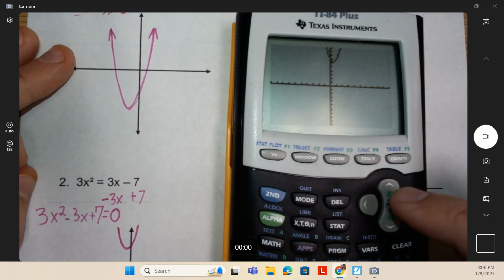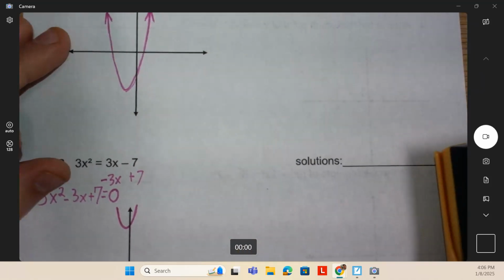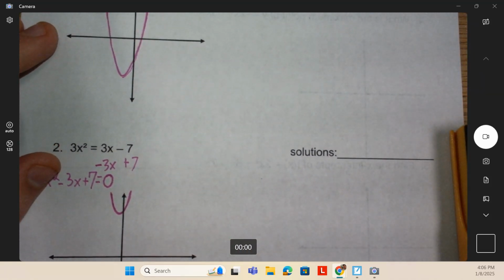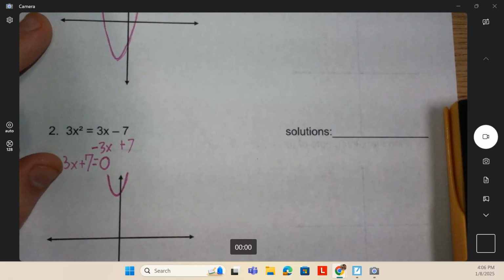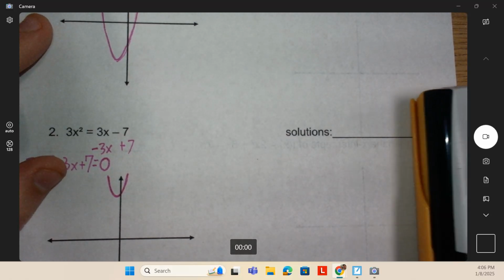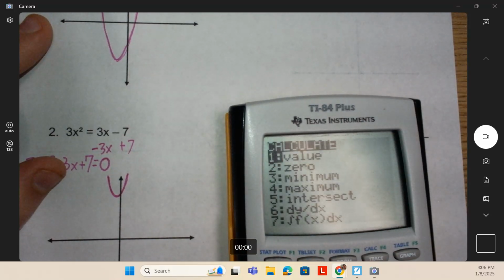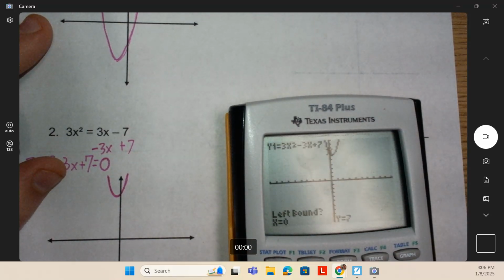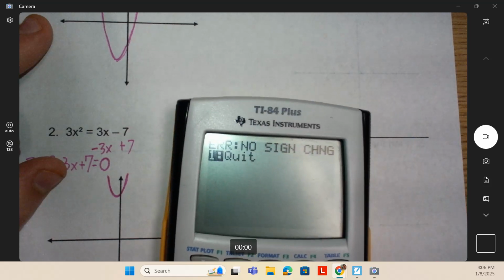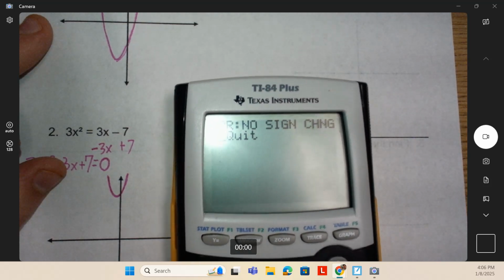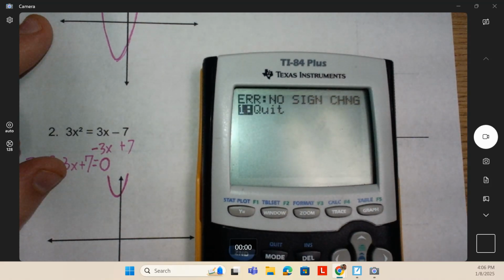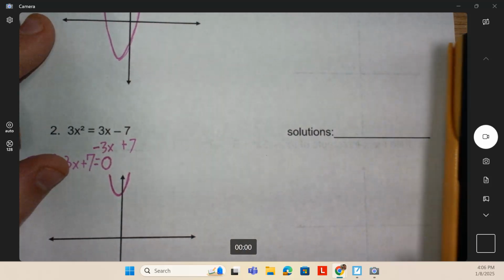And since it doesn't cross 0, that means I'm not going to have any real solutions to it. So since there's no real solutions, I can't go second trace and find a 0 because there's not one. It's looking for a sign change there and not going to work for me.